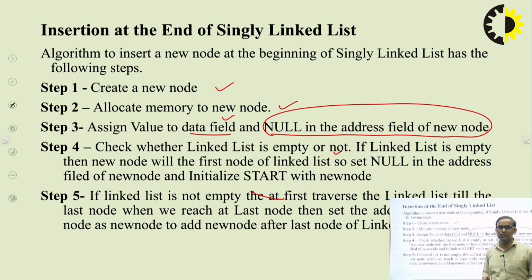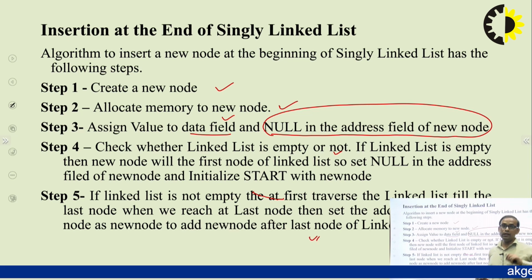After that, in step 4, we will check whether the linked list is empty or not. If the linked list is empty, then the node that we are going to insert will be the first node and the last node. If the linked list is not empty, we have to add the new node at the end of the linked list.